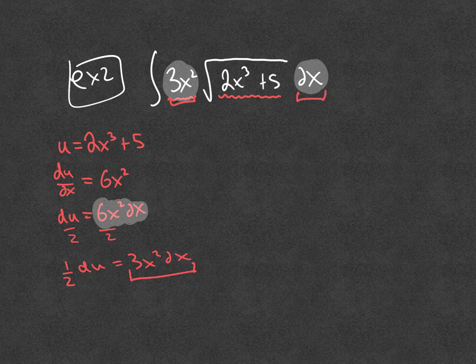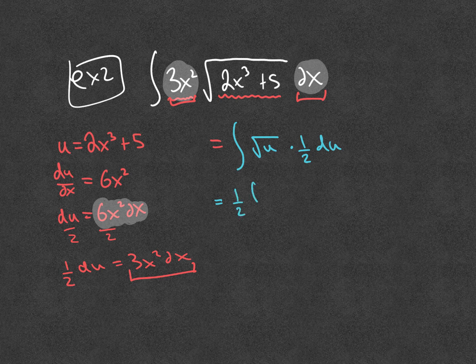I have to get all the pieces there to substitute out. So this will be the integral of square root of u, and then the 3x squared dx is times 1/2 du. Okay, I can pull that 1/2 out in front, and I can rewrite square root of u.